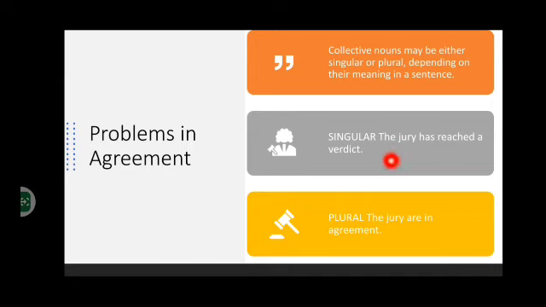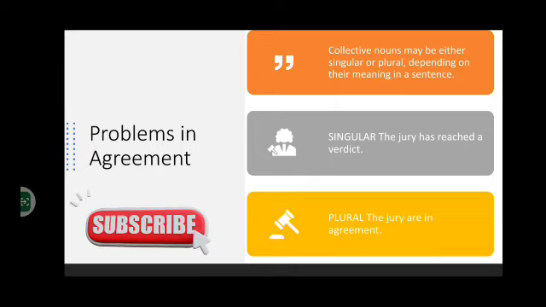And in "The jury are in agreement," we are talking about its individual members. So as a singular, "has"; as a plural, "are."